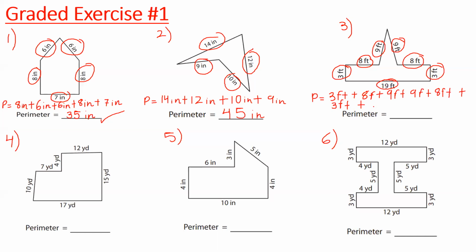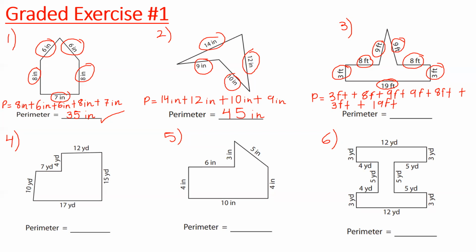Good. And so if we add them all up together, we have 3 plus 8 plus 9 plus 9 plus 8 plus 3 plus 19.